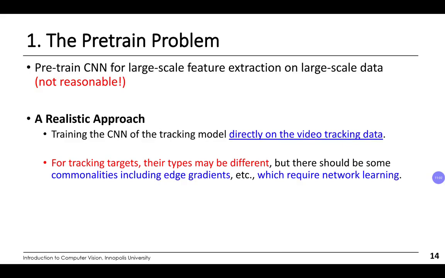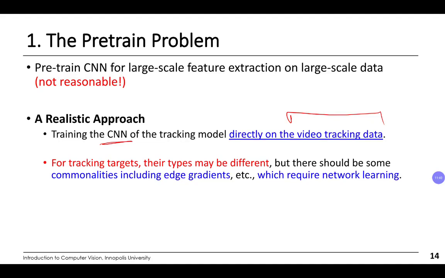So what is the realistic approach? The realistic approach is to train a CNN, a convolutional neural network, on video tracking data. When we are going to track targets, the targets may be very different. For example, the object can be a human, a car, or any other entity.